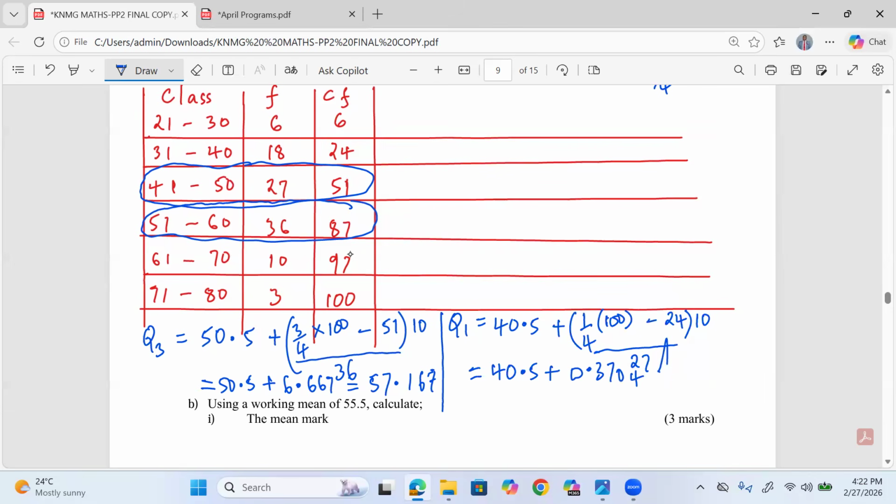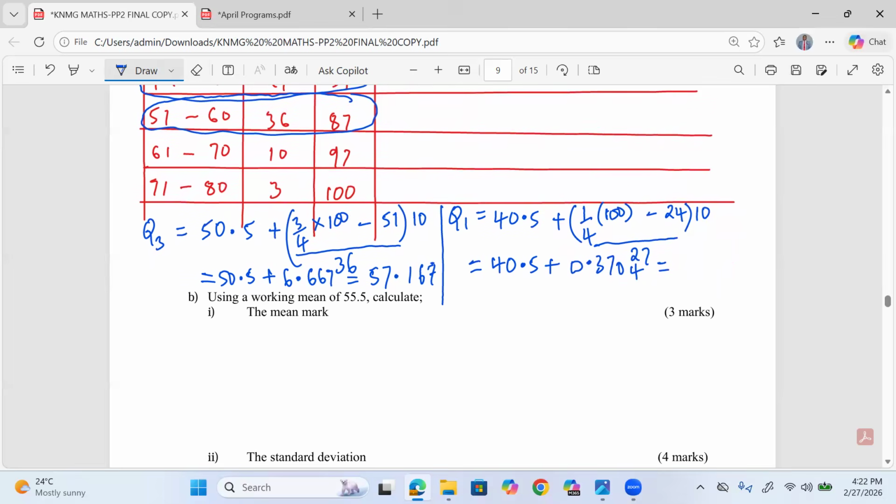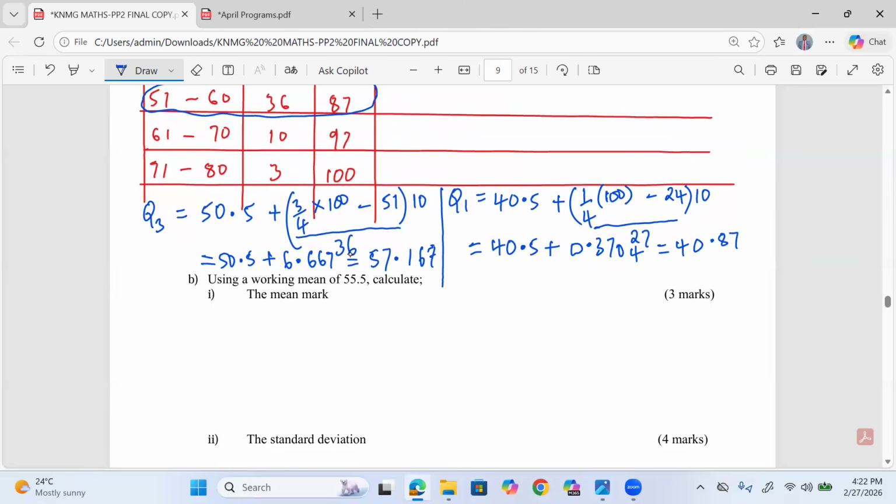0.3704. We add 40.5. This becomes 40.87. Let me just use 4SF like that, and also in the first one, I'll use 4SF.